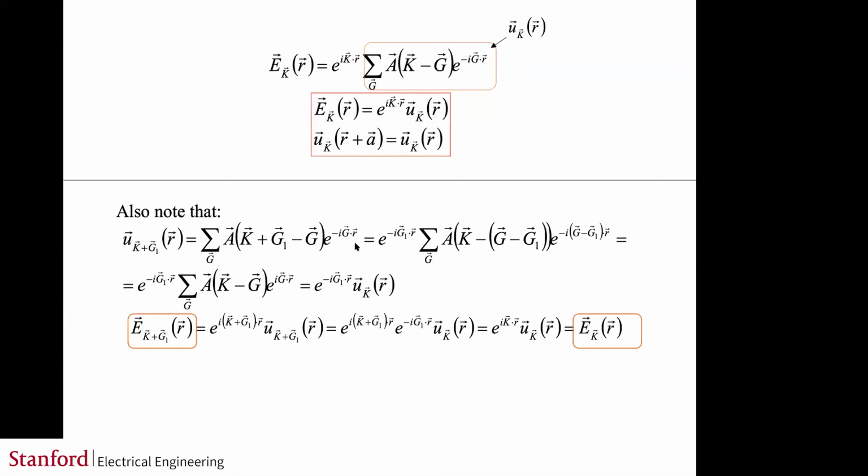So what did we prove here? What does this mean physically? The normal mode corresponding to some point k in k space is the same as the normal mode corresponding to the point k plus g1, where g1 is an arbitrary reciprocal lattice vector. What does this mean?